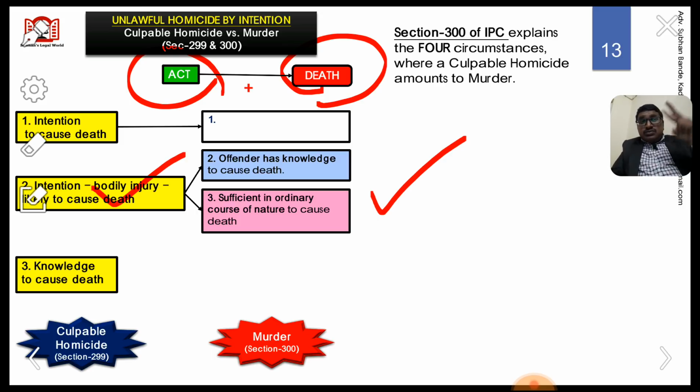Here there are two mens rea: intention to cause bodily injury that is likely to cause death, and that the act is sufficient in ordinary course of nature to cause the death. Through the illustrations we can easily understand the key differences between murder and culpable homicide.